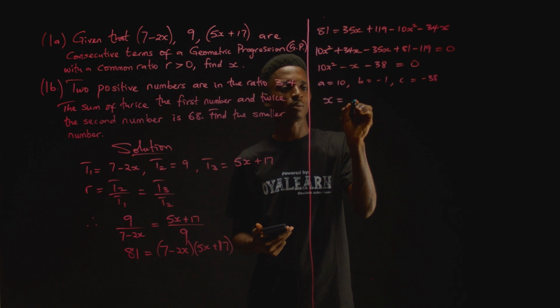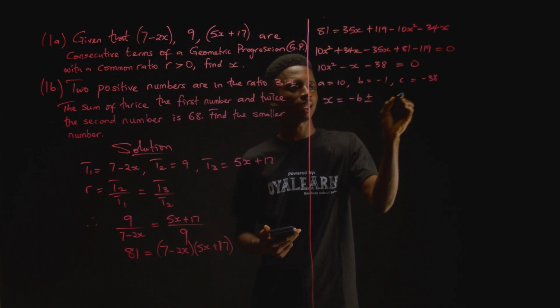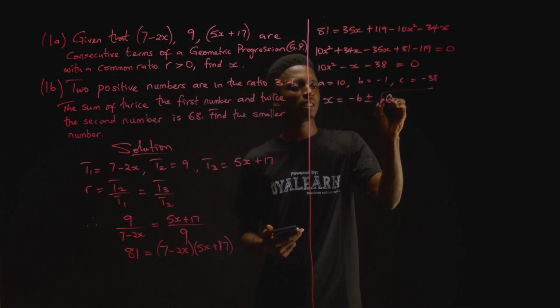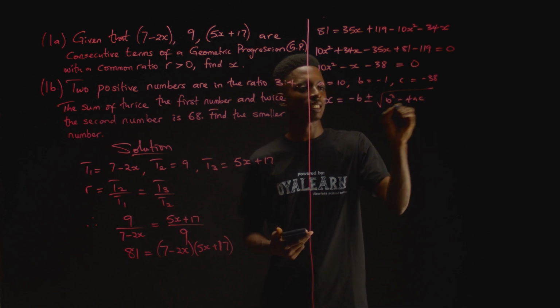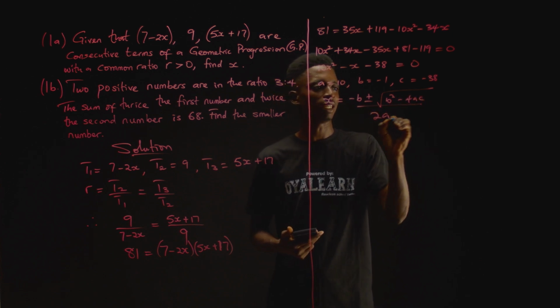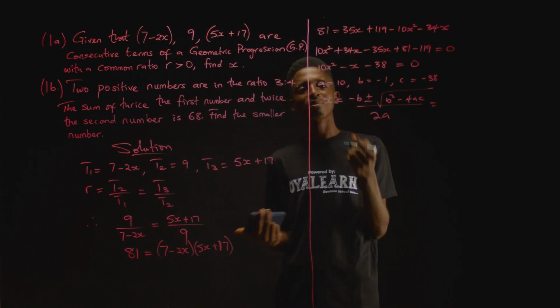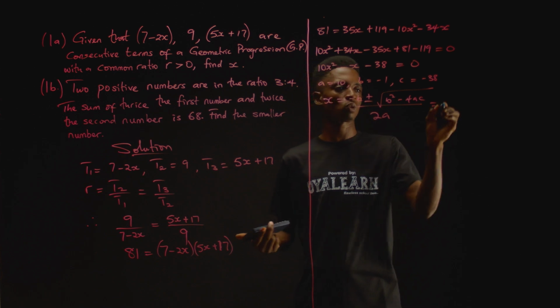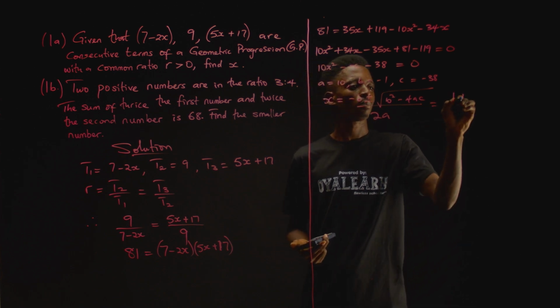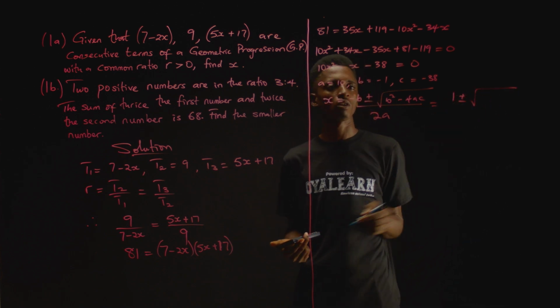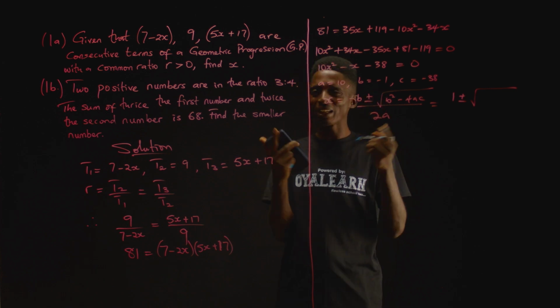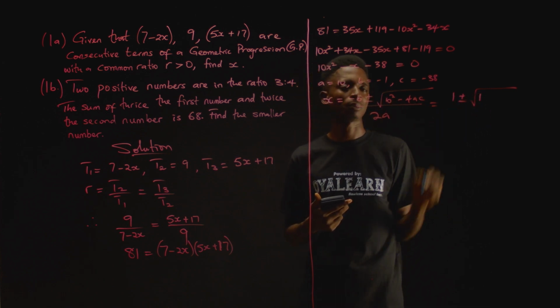That is, x equals negative b plus or minus square root of b squared minus 4ac, all over 2a. Now let's interpret this. Minus b. b is minus 1. So minus times minus 1, we have plus 1. Plus or minus square root of b squared. Minus 1 in bracket squared will give us 1.